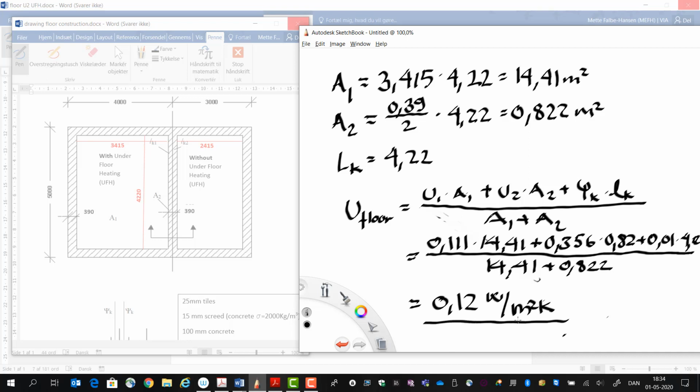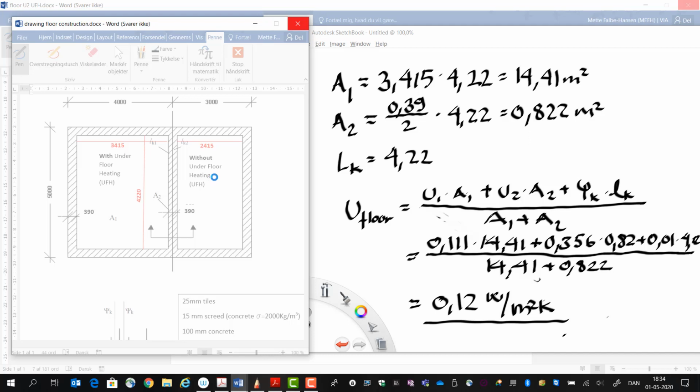So this is how you calculate the U value for a floor with underfloor heating. If we had calculated the one without underfloor heating, you just needed to include the top of the construction.